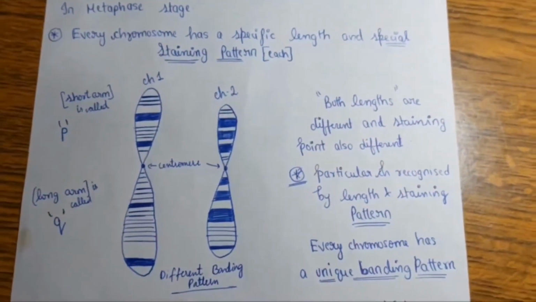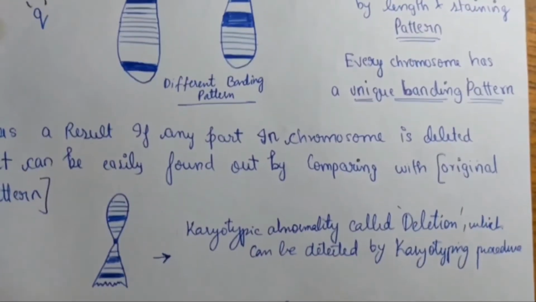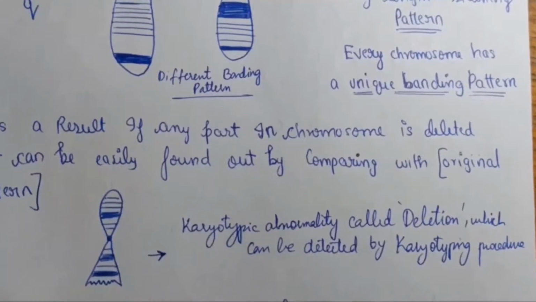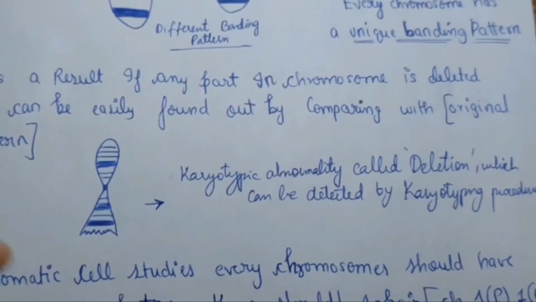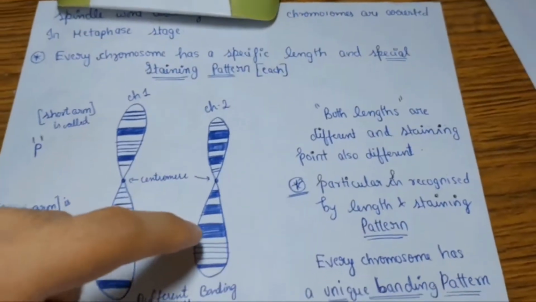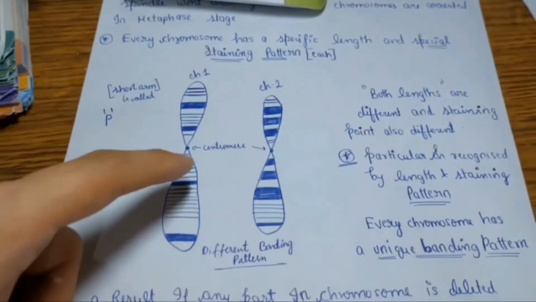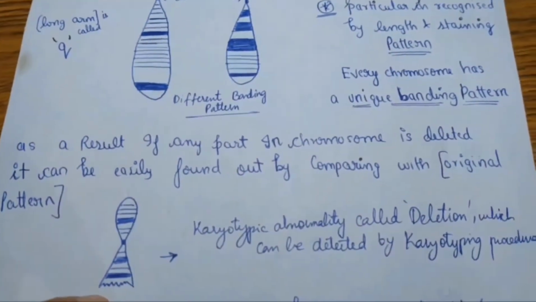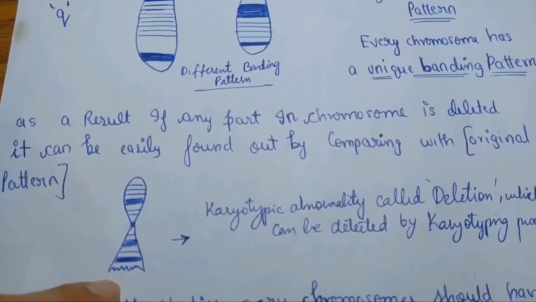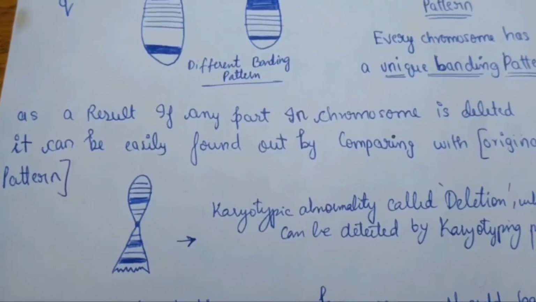As a result, if any part of a chromosome is deleted, it can be easily found out by comparing with the original pattern. For example, if we take this as chromosome number 1, this was a normal pattern, but here we can see something is lost, and such a karyotypic abnormality is called deletion, which can be detected by the karyotyping procedure.